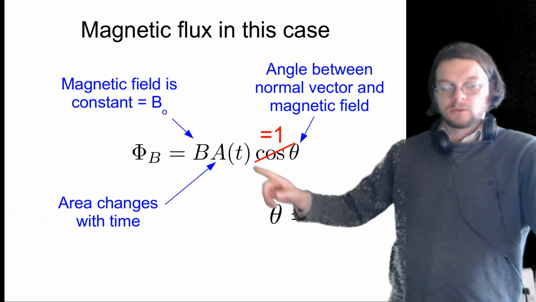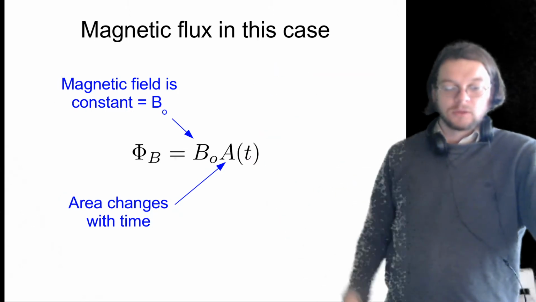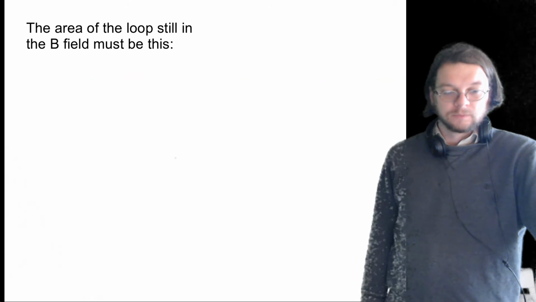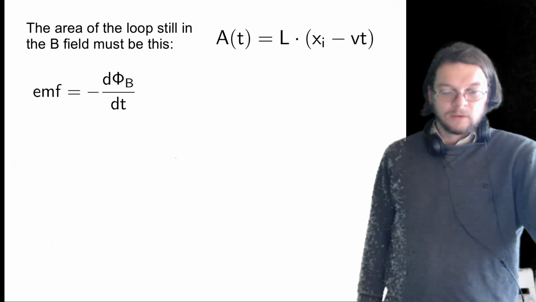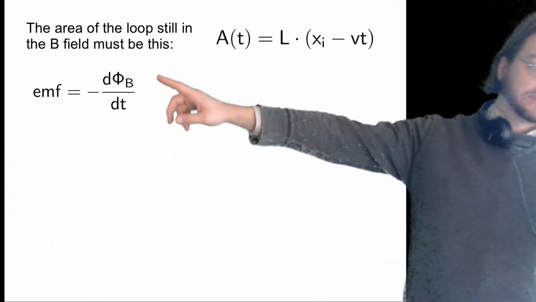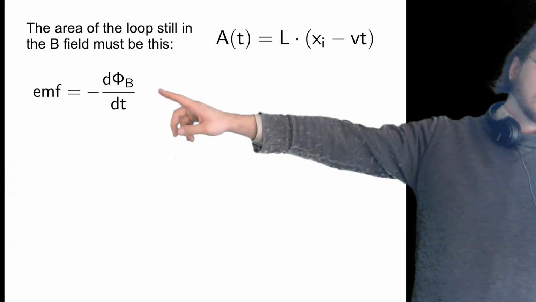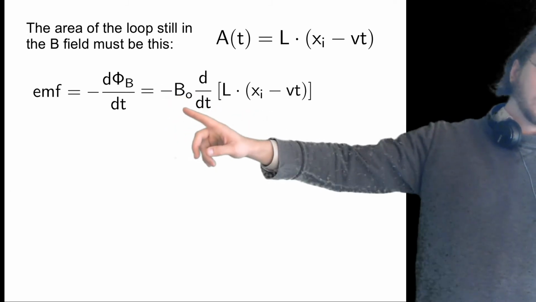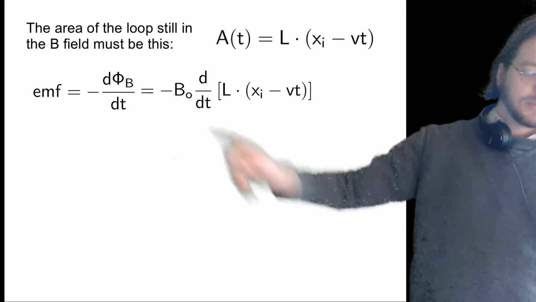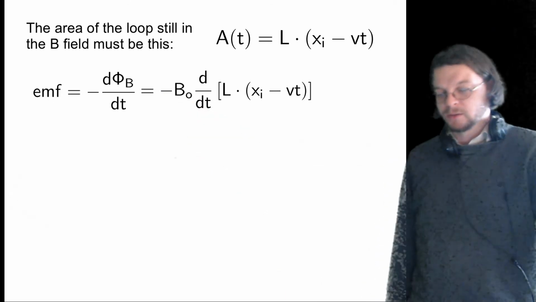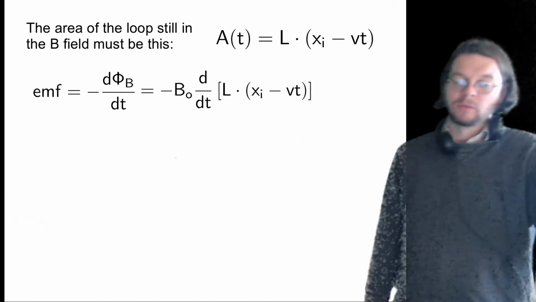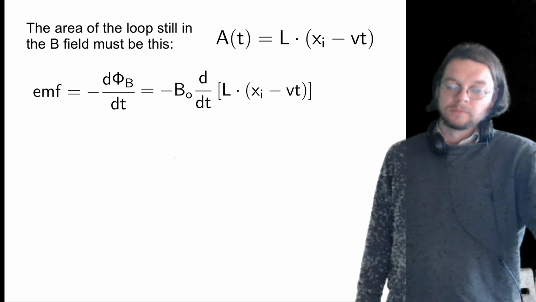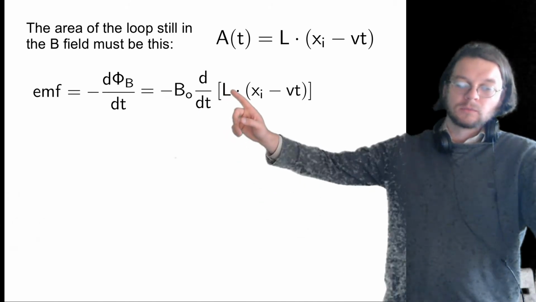So we can take the derivative of this now, because that's what you do to get the electromotive force. The magnetic flux is just BA, where B is a constant, so B comes out, because any constant you're taking the derivative of, you can move out to the front. And then L is also a constant.